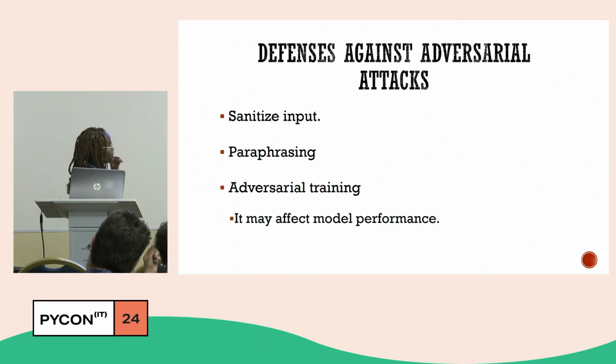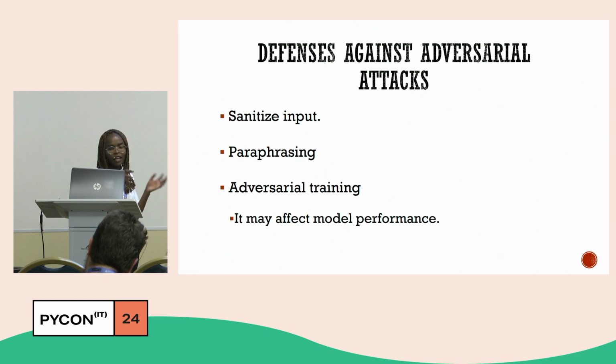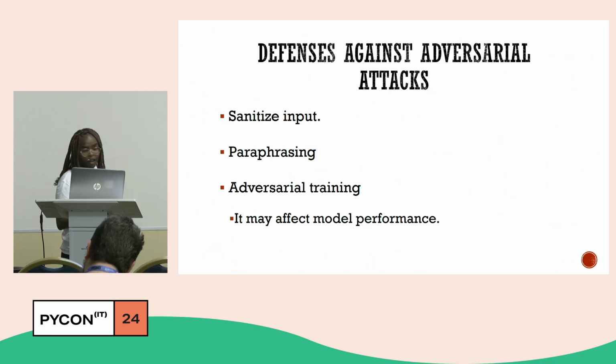But this comes with the caveat that it's likely to cause your model to have degraded performance on your previous data set, where the accuracy was probably high. If you include adversarial examples, your model is likely to have some decreased performance.